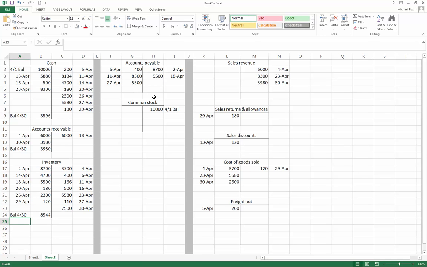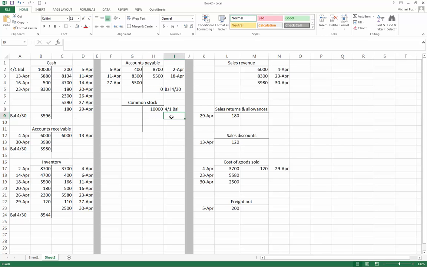For the liability accounts, we would expect the opposite, that the credit side would be larger because that's the normal balance for a liability account. This will equal the sum of our credit side minus, and it looks like we have a zero balance in our accounts payable. I like having a zero balance in my accounts payable.